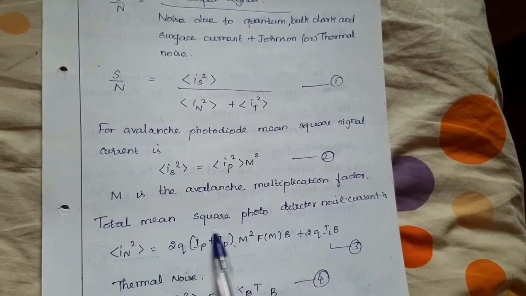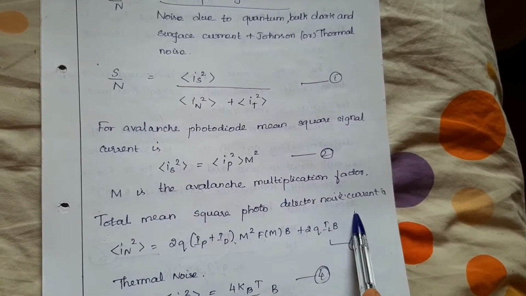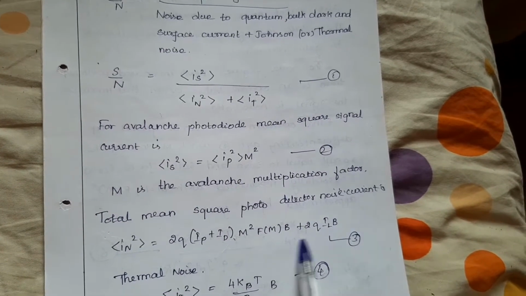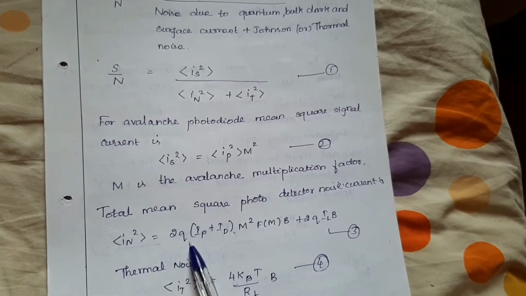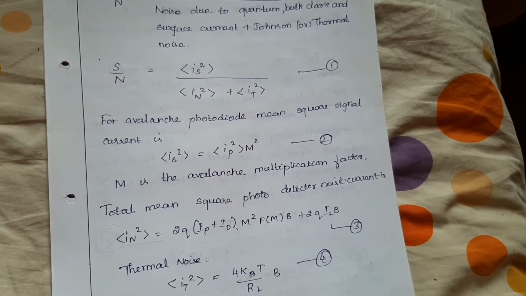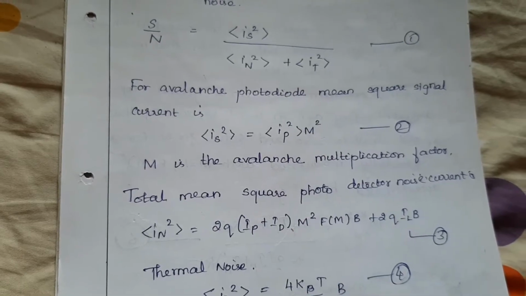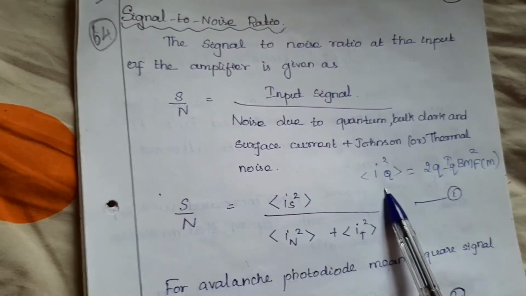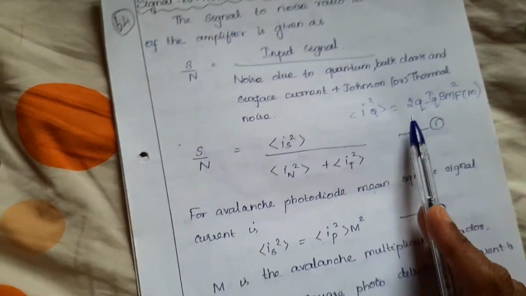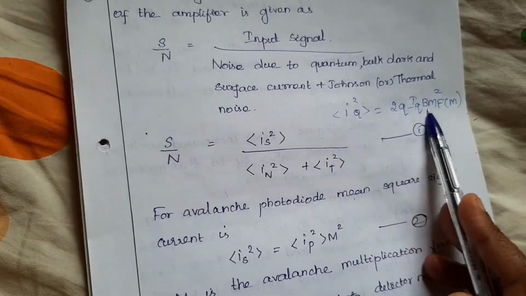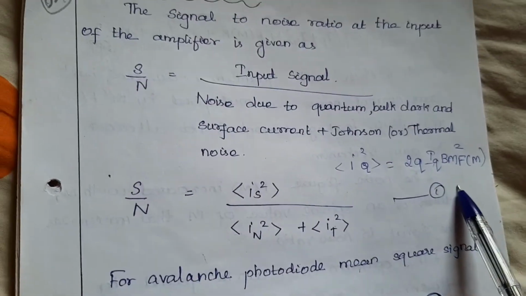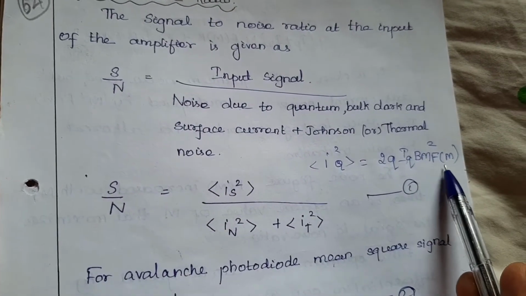So the total mean square photodetector noise current is given by In squared equal to 2q (Ip plus ID) M squared F of M B plus 2q IL B. The quantum noise current has a mean square value with bandwidth B which is proportional to the average value of the photo current Ip.